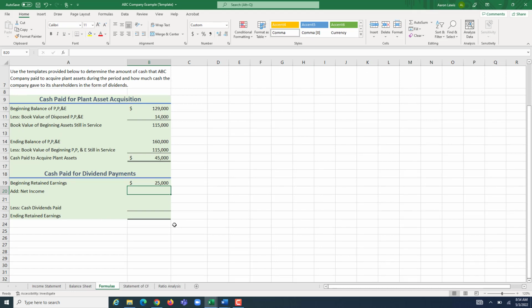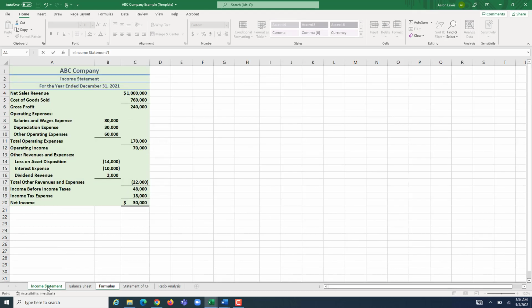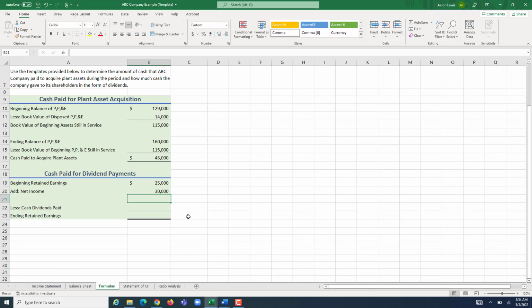Add to that our additions, our income for the period which, if we had not paid out anything, we would have added all of it to retained earnings. So what was our net income? That's the bottom line of the income statement. The income statement says we had $30,000 of net income. So if we had $25,000 of retained earnings when the period began, and we made $30,000 during the year, had we not paid dividends, we would have had a retained earnings balance of $55,000. Do we have a retained earnings balance of $55,000?